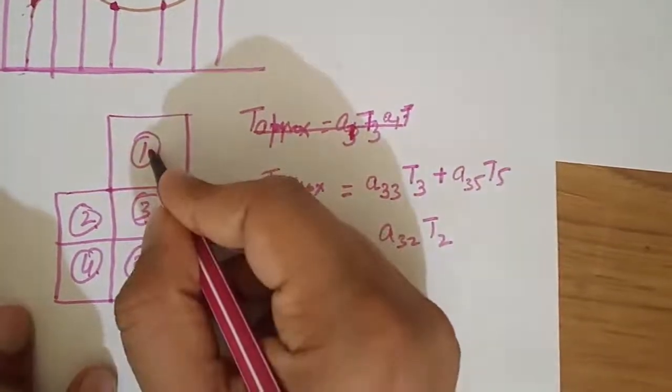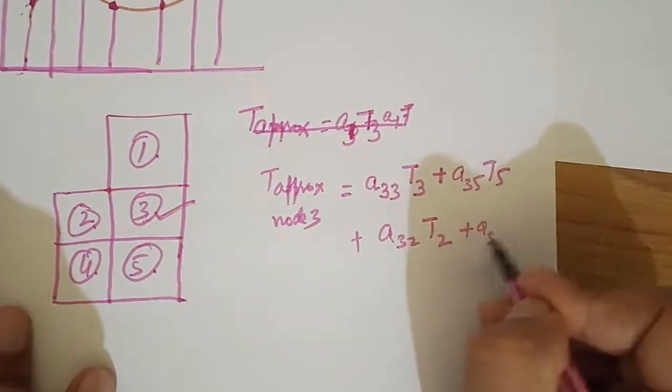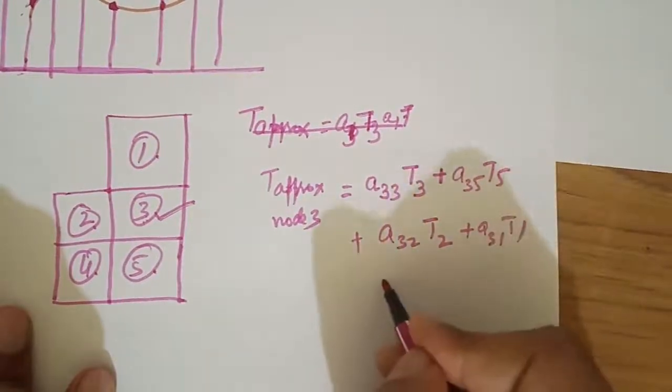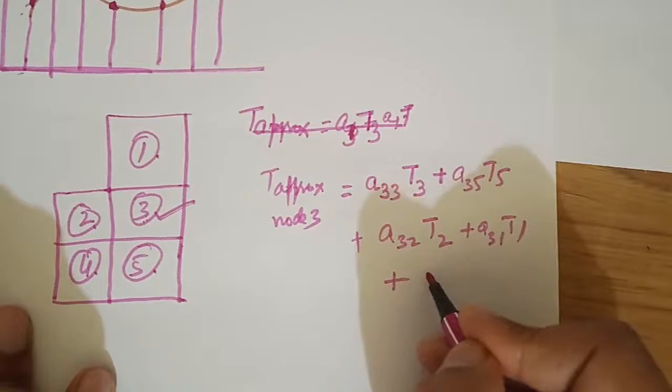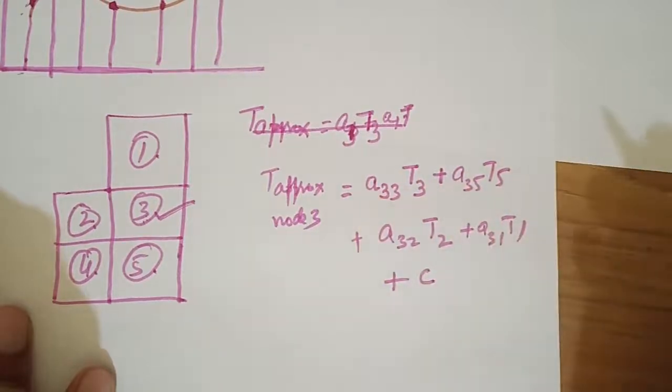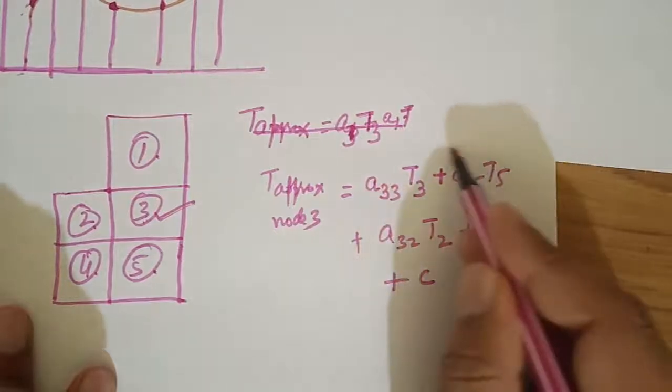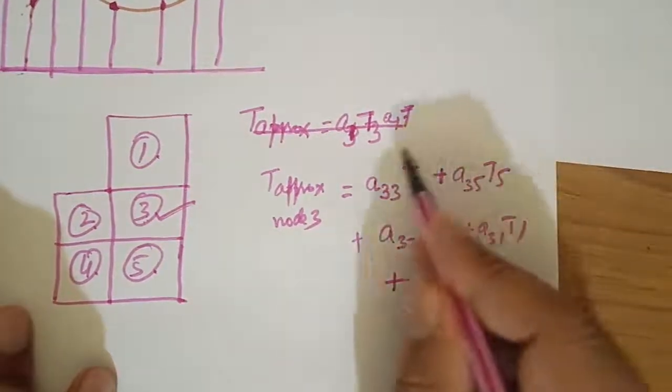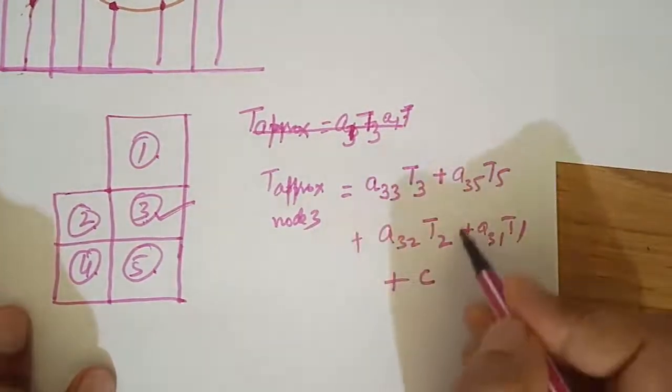It is connecting 1 also, plus A31 T1, plus some constant, say C. So this is what we will finally get as the algebraic equation.